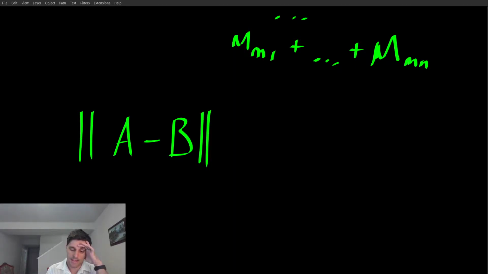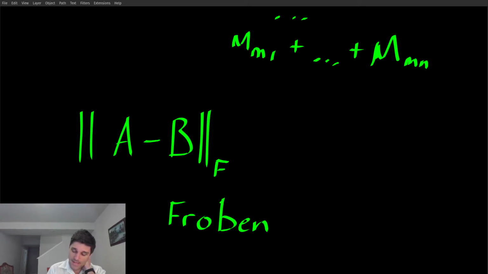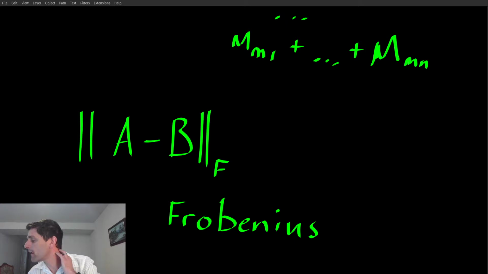And as with vectors, there are other kinds of norms, and this one actually is called the Frobenius norm, and we write it with a subscript F. I'm not even 100% sure I can spell his name right. Frobenius. I might cheat and look if I can find it. Yes, I got it right.